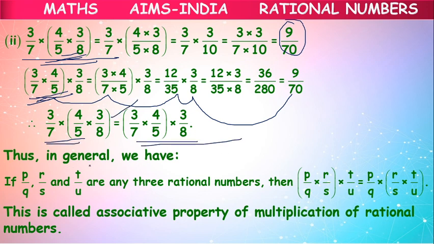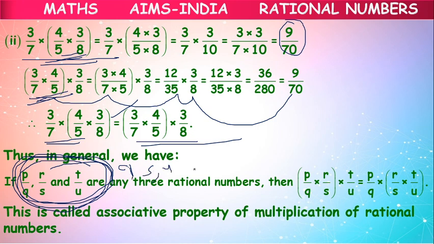So in general, what we can say, when we have three rational numbers in the form of P/Q, R/S, T/U, where Q, S, U are not equal to 0, then the first two rational numbers kept in brackets, multiplied and simplified, then multiplied with the third one, is equal to the second and third kept together, simplified and multiplied with the first one.